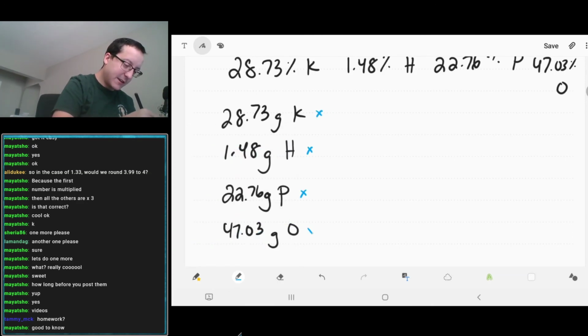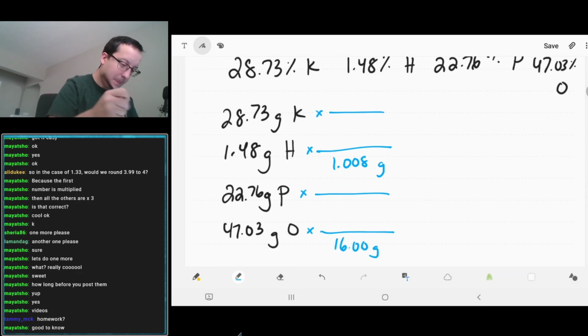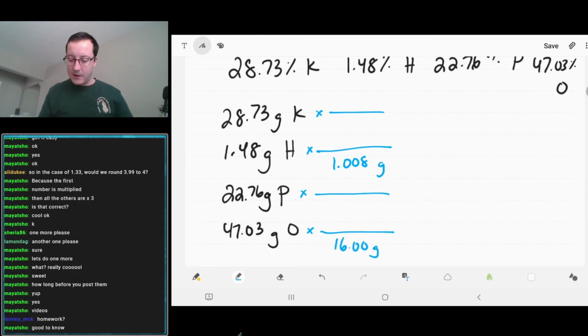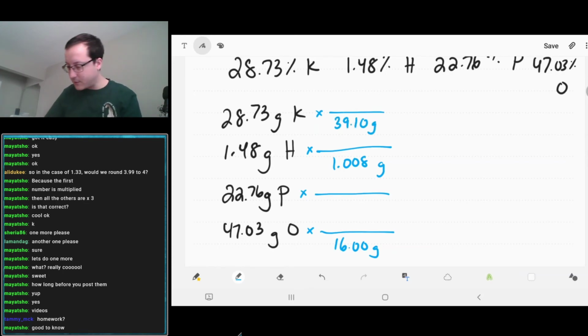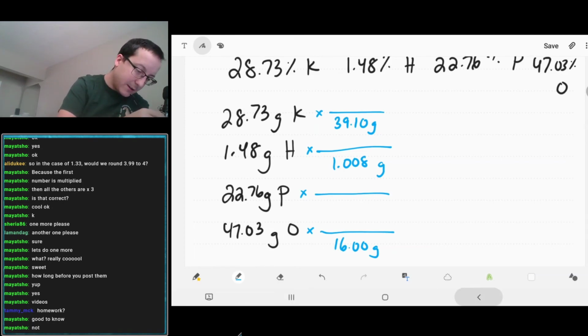Step 2, we want to convert them all to moles. I know some of these off the top of my head. The others I will look up in this handy-dandy periodic table I have here. Potassium is 39.1. And phosphorus is 30.97.